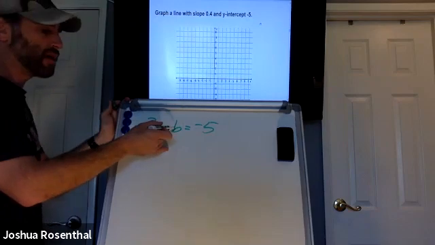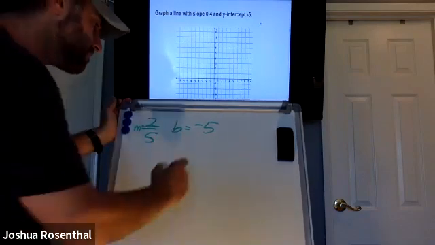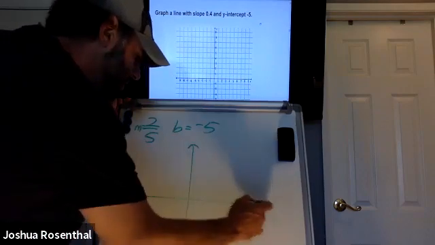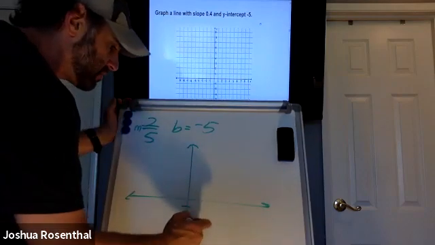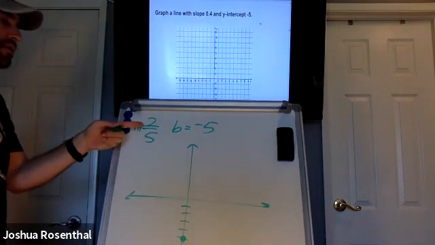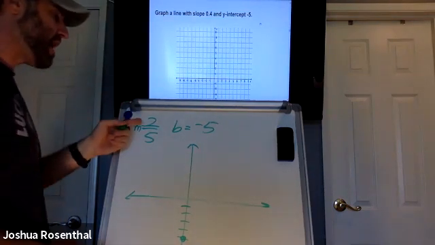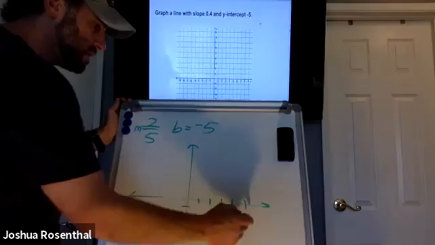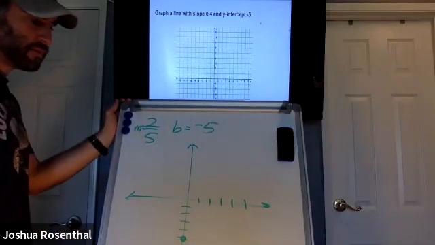And as you remember, y-intercept is b, right? And then I'll start here at -5. 1, 2, 3, 4, 5. And from there, I'll let the slope dictate the change in y and the change in x from that point. Up 2, over 5. Yeah, that's it. Notice how many of these marks I'm going to make.